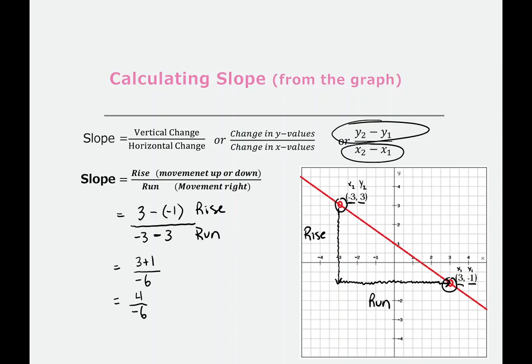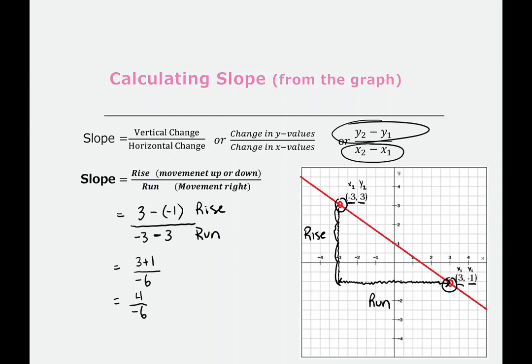So we get -4 over 6. Let's check in our graph to see if we match up. Are we rising 4? Well, we're moving 4, so we go 1, 2, 3, 4.